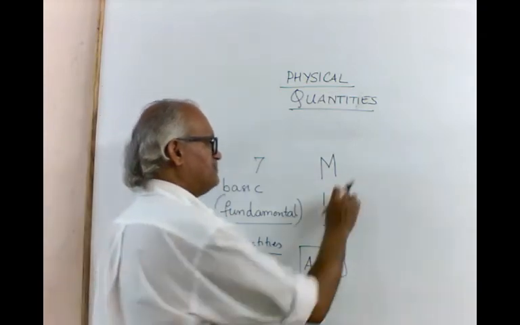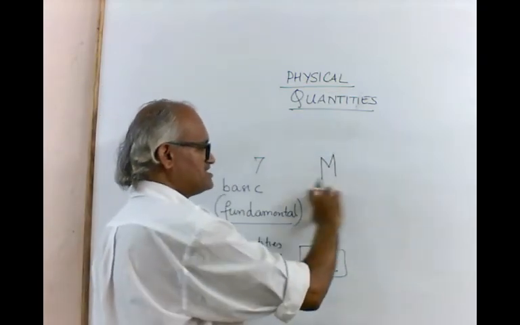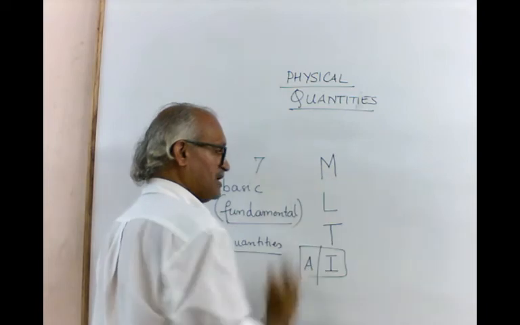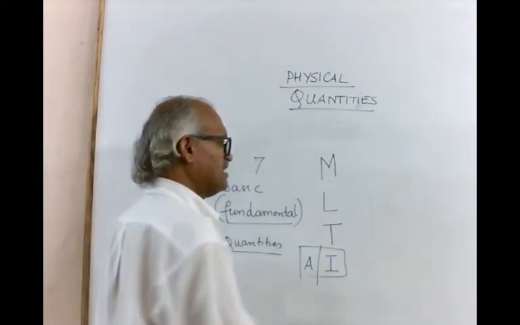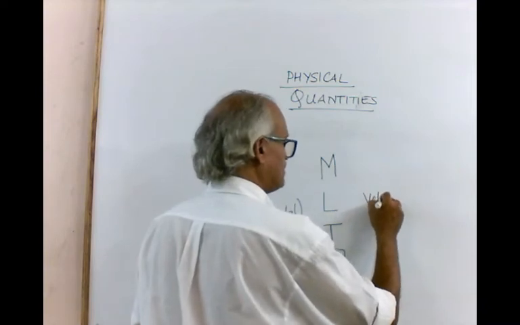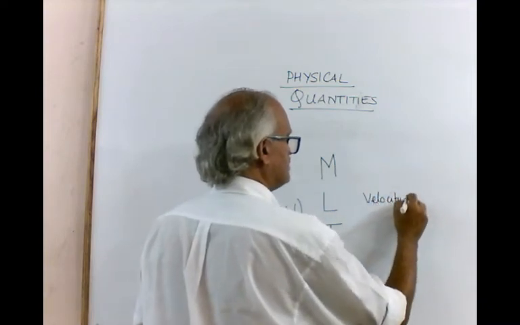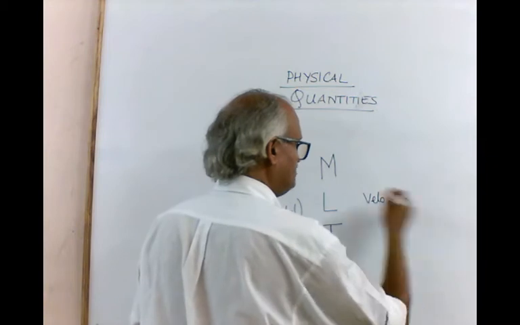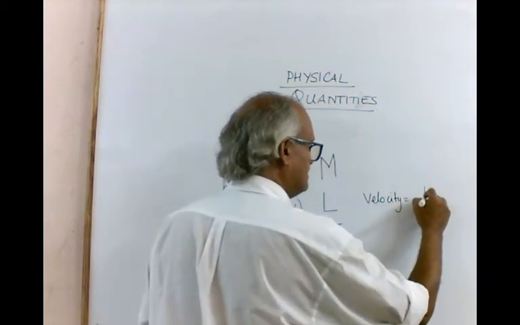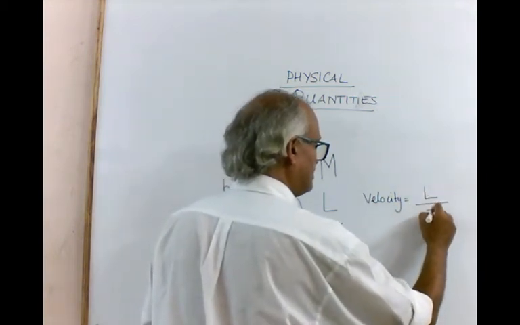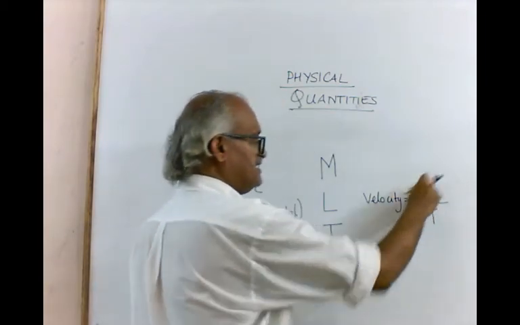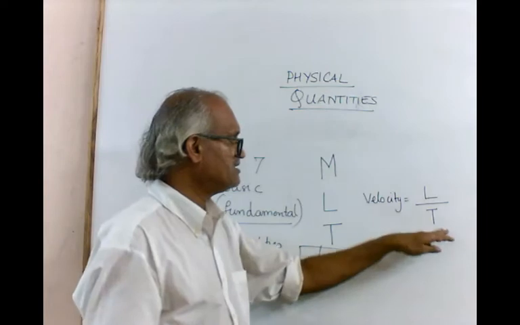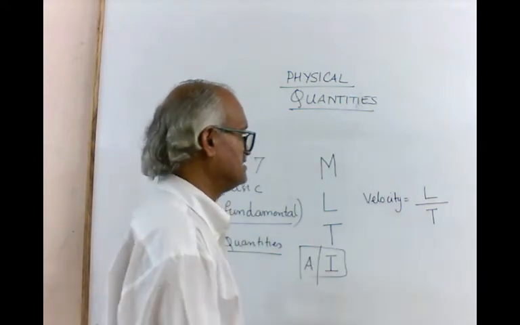So for example, length is simply going to be measured in terms of L. However, velocity is displacement upon time. Displacement is measured in length, so it is L upon T in a way. Length is the measure of the displacement, and time is the measure of the time that is taken.